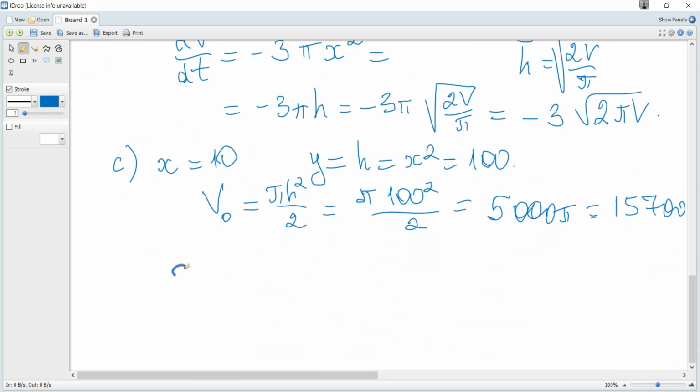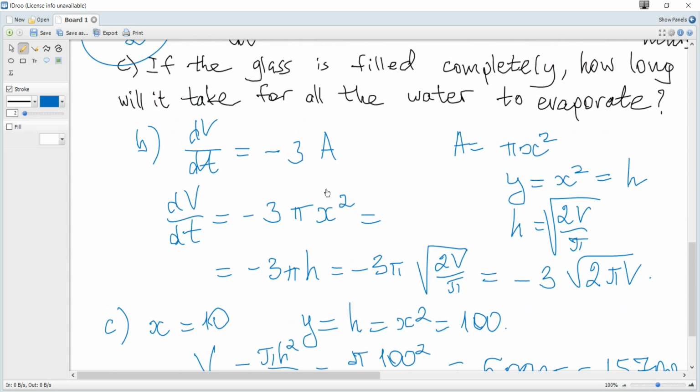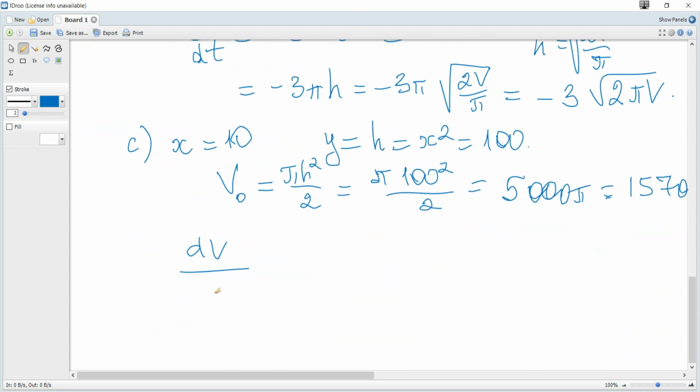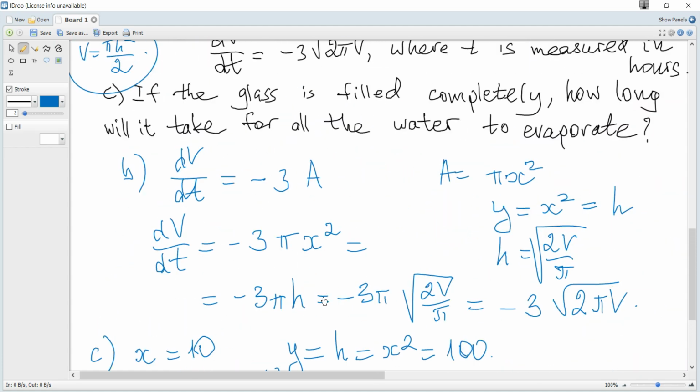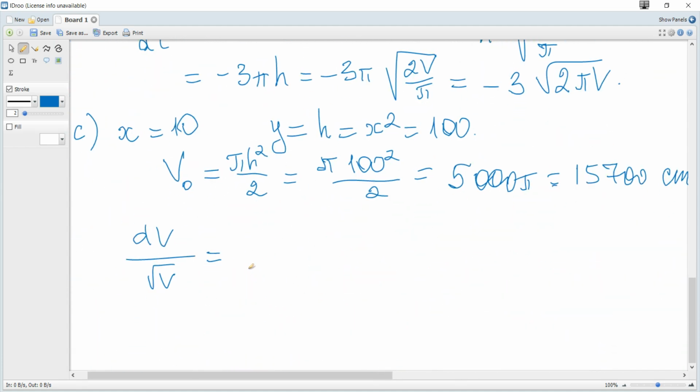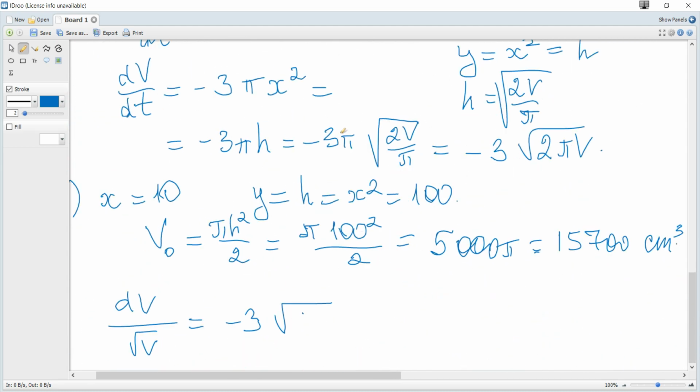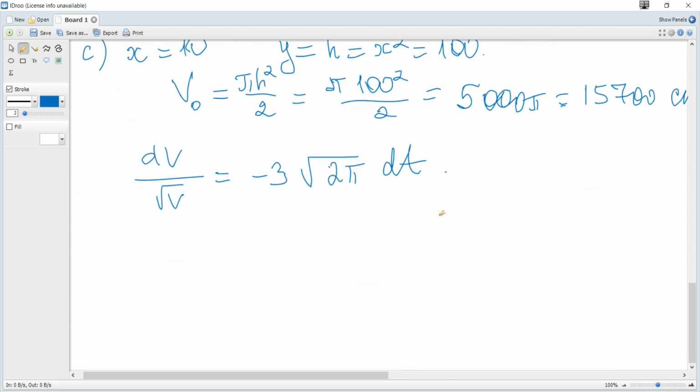It becomes dV, and let's move root of V to the left, which is the same as dividing both sides by root V, equal to minus 3 root of 2 pi dt. And then we just integrate both sides. Here it's a constant, it doesn't matter, it can be written in front.